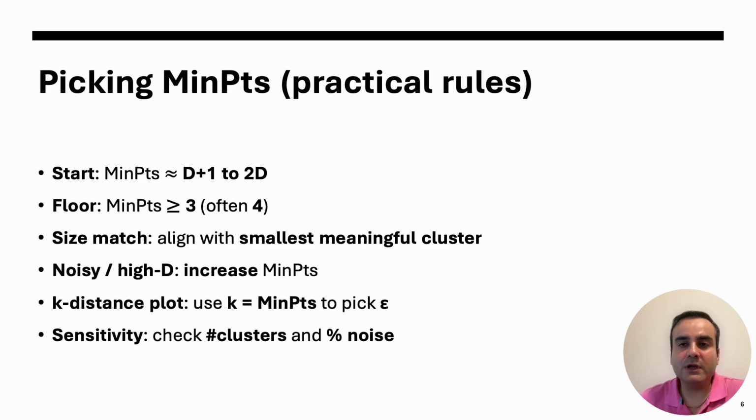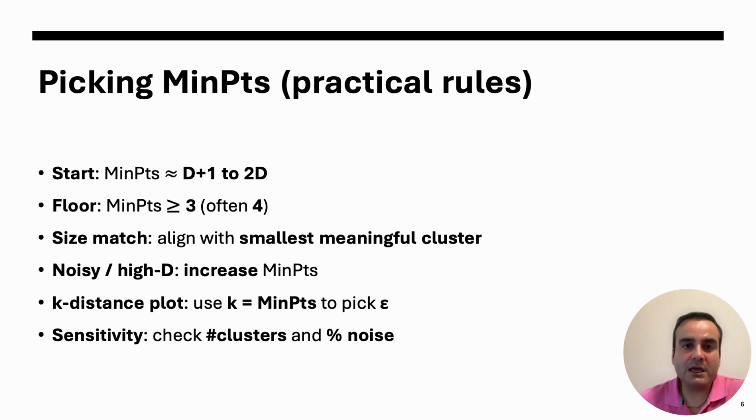Match the minimum number of neighbors to the smallest pattern you care about. For example, a minimum broad segment group, vehicle count, parcel block. For noisy or high dimensional data, bump the minimum number of neighbors up to suppress speckle. For very small, clean datasets, back it down cautiously.